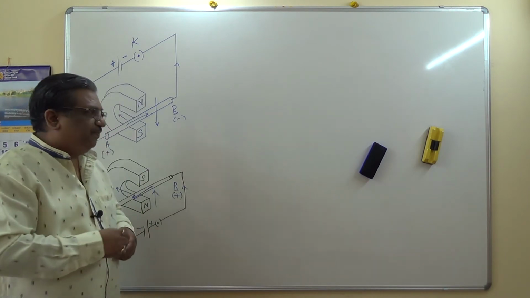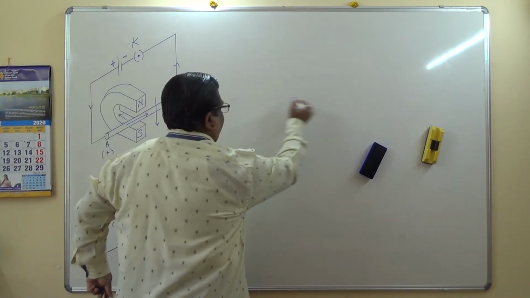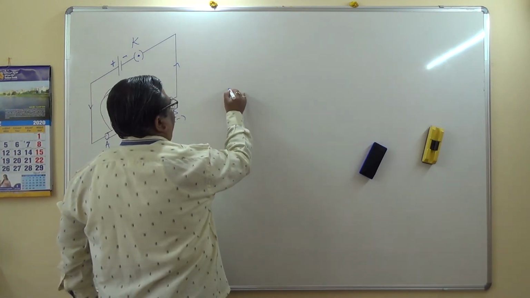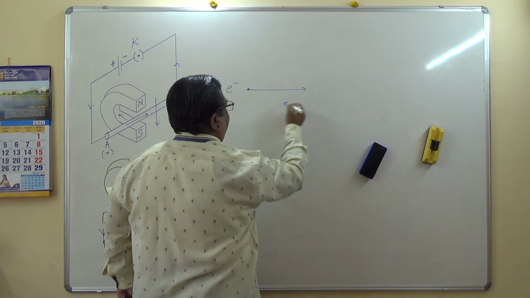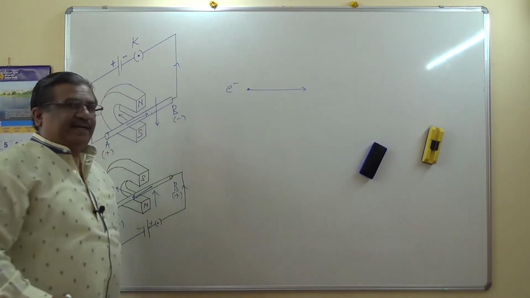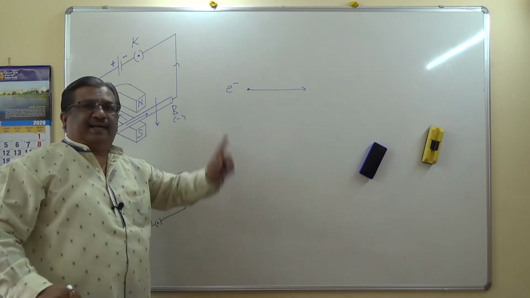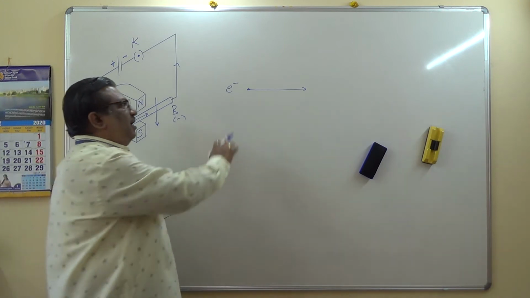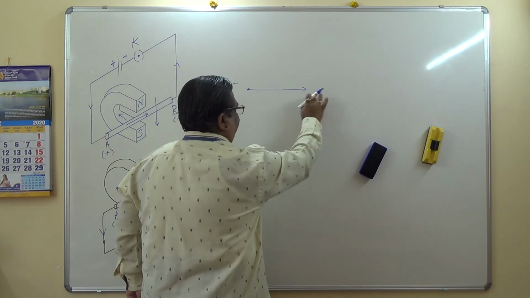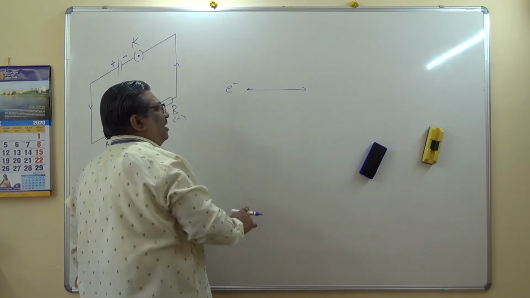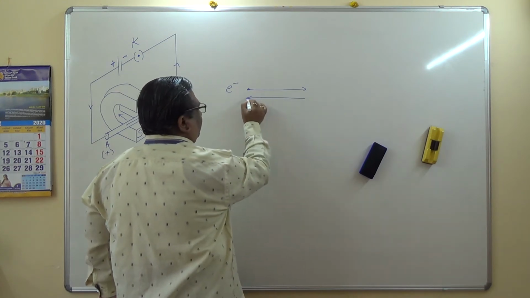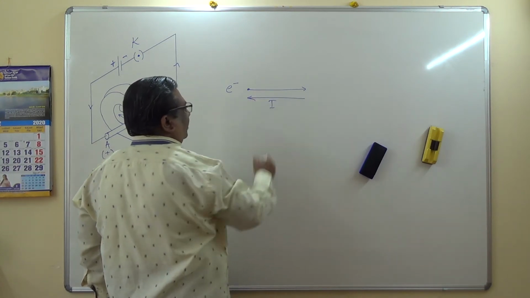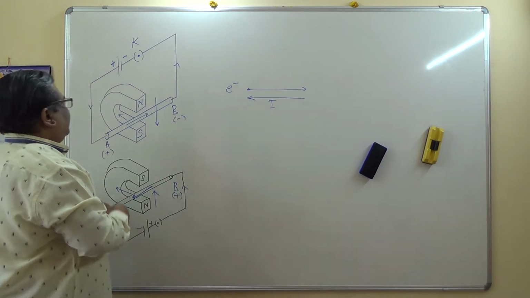Therefore, if I throw an electron this way, can it generate a magnetic field? Can it cause an electric current? Yes, it can. If an electron is ejected from left to right, then the direction of the current is opposite to the motion of the electrons. Why is it so?